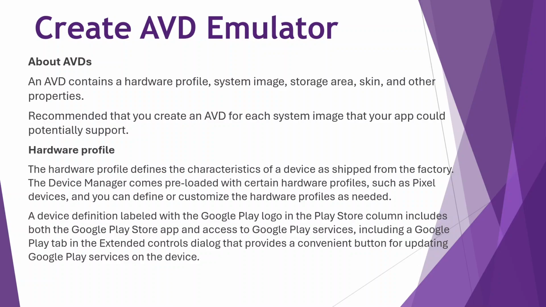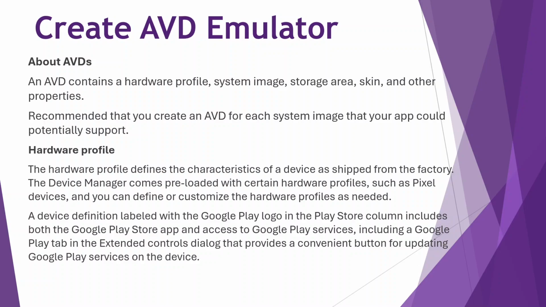An AVD contains a hardware profile, system image, storage area, skin, and other properties. So basically, you can just think of your actual physical mobile device. In the same way, your AVD profiles also contain a hardware profile, system image, storage area, skin, and other properties.